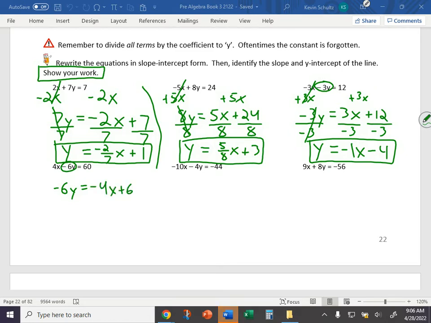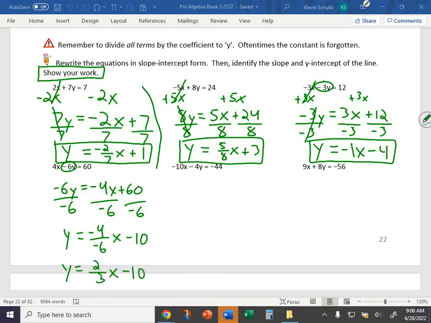And then when you divided by negative 6, I saw several just leaving that slope as negative 4 over negative 6x. Okay? Fractions do need to be simplified. A negative 4 divided by negative 6, the negatives cancel out, and 4/6 simplifies to positive 2/3. So make sure your fractions are in simplest form.